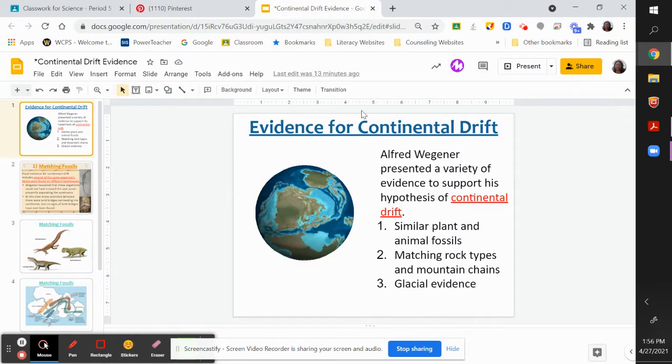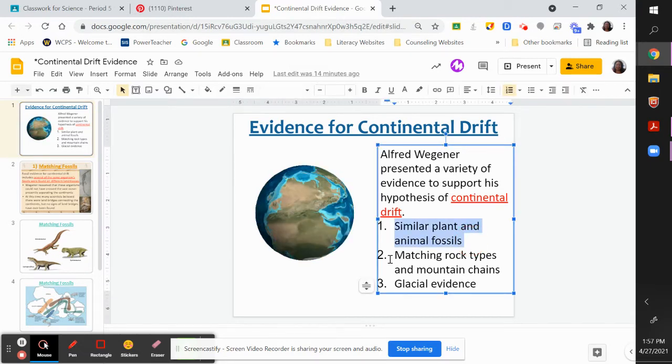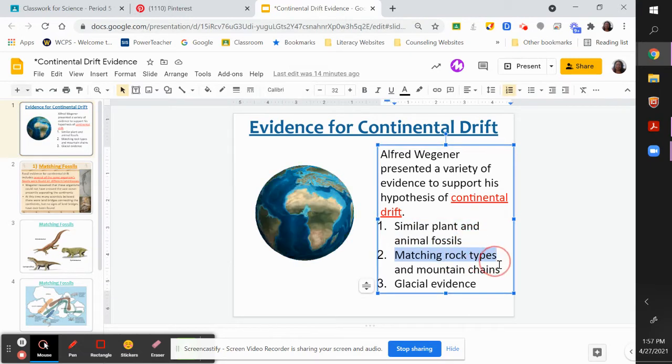So that's his theory. He also has evidence, 3 types of evidence, and they're listed here to support his theory. He presented a variety of evidence. The first one is similar plant and animal fossils. The second one is matching rock types and mountain chains. And the third type is glacial evidence, right?